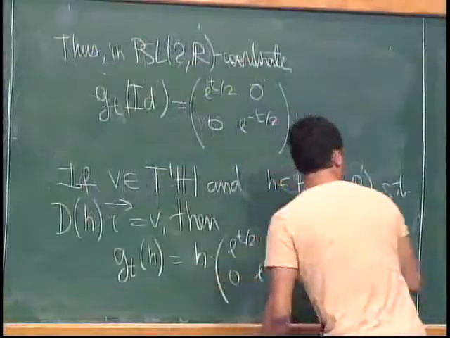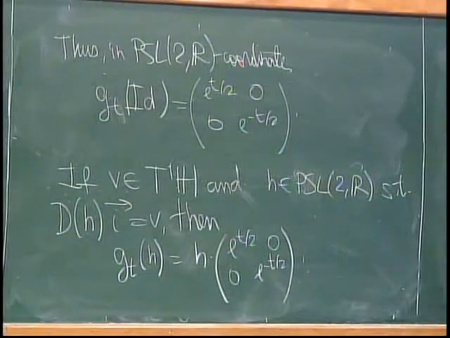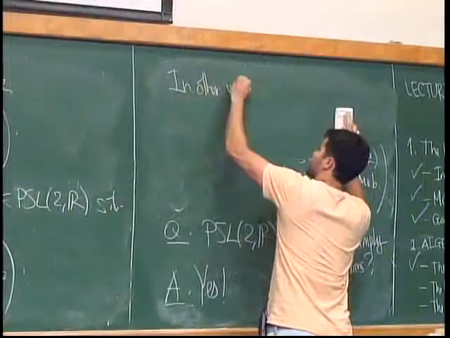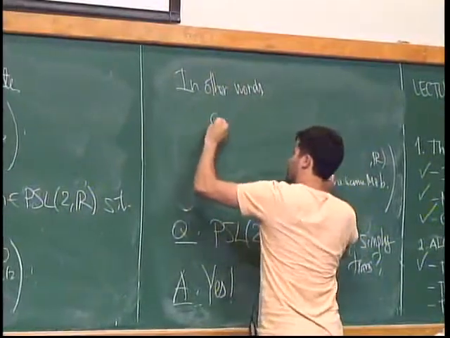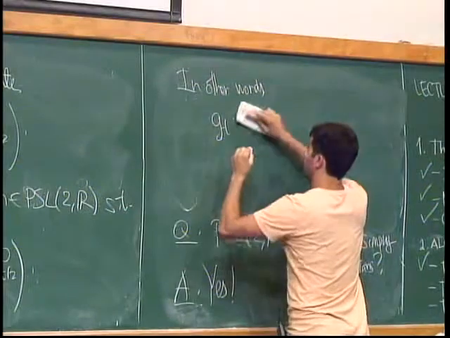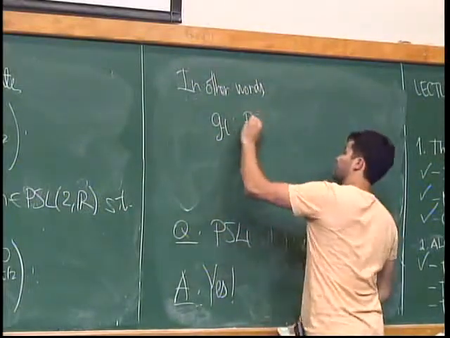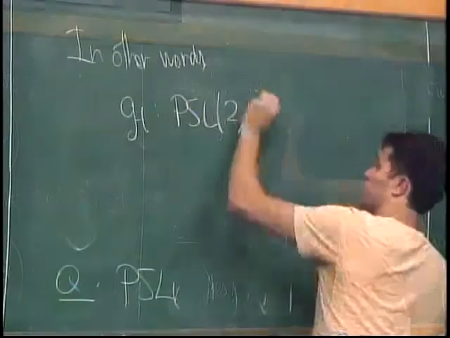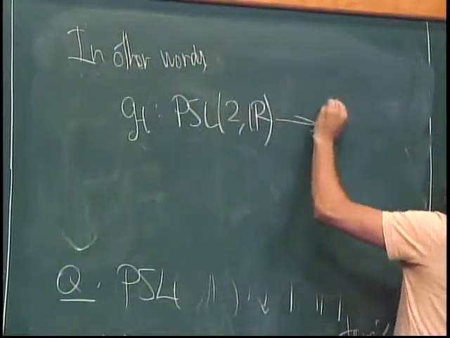So, in other words, the geodesic flow can be described as a flow in the Lie group PSL2R.